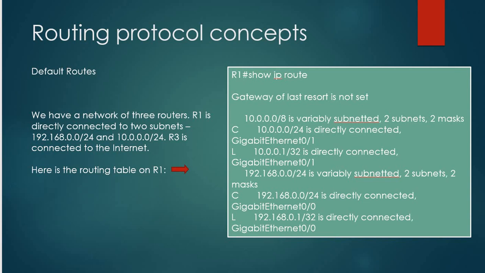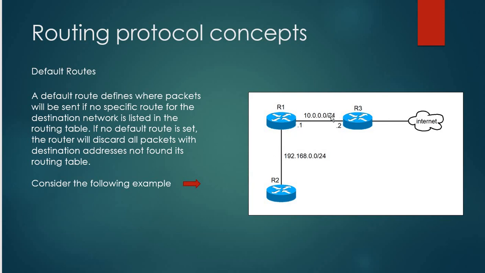So we have a network of three routers. Let's see the last pictorial. Three routers here: R1, R2, and R3. But among R1, R2, and R3, we have different network domains.